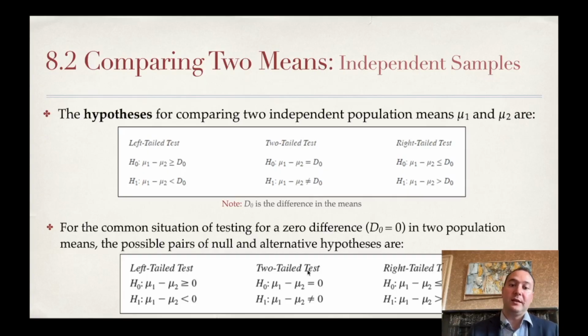That would be the null hypothesis. However, if we have evidence to show that these 2 values are very different from each other, we might assume that the difference is not 0, meaning they're not equal. They're not coming from the same population.